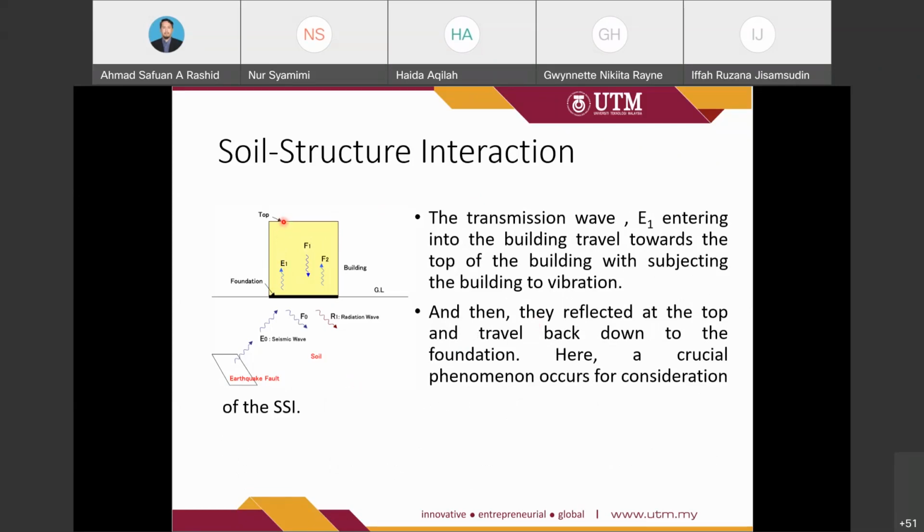Here, a crucial phenomenon occurs for considerations of the SSI. As I told you previously, during the earthquake the wave from the earthquake is transmitted to the building, and then the vibration from the building is transmitted to the ground.